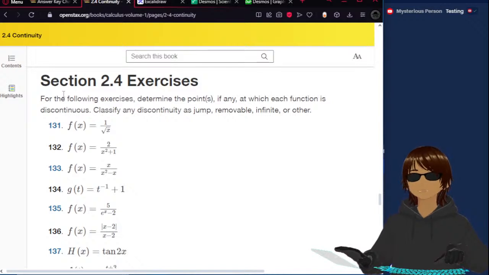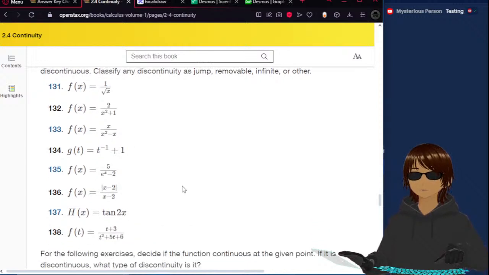The exercises. The following exercises determine the points, if any, at which each function is discontinuous. Classify any discontinuity as jump, removable, infinite, or other. Okay, it's discontinuous at 0. It's an infinite discontinuity. This is also discontinuous at 0. Is there any other number? X over x squared minus x.